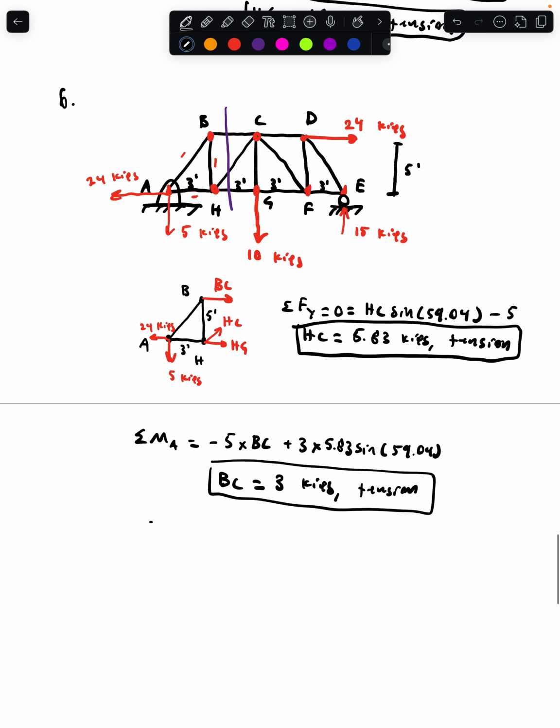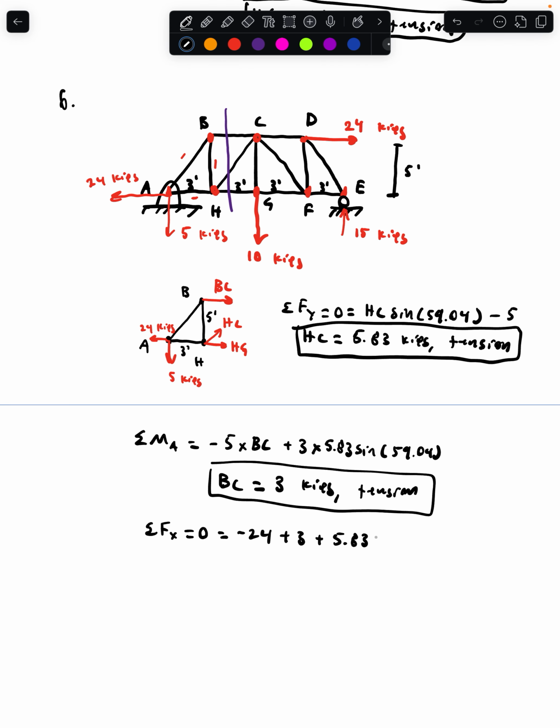And then for the last one, we can do the sum of the forces in the x direction is 0. We get negative 24 plus BC, which is 3, plus the x component of HC, which is 5.83 times the cosine of 59.04, and then plus HG.